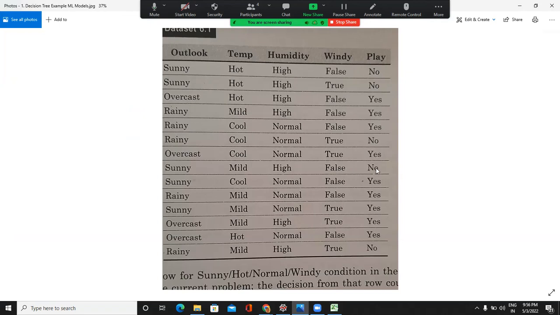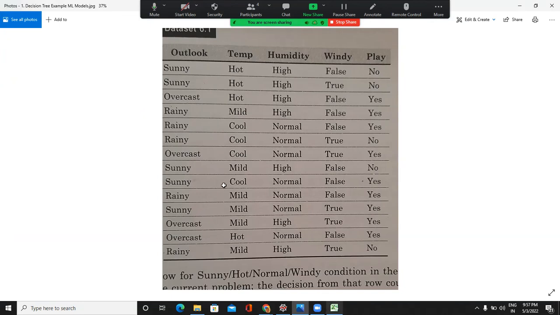Here sunny, decision no. Here sunny, decision yes. So we will be wrong here. And here sunny, decision again yes. So there are five sunny. Five times outlook was sunny.